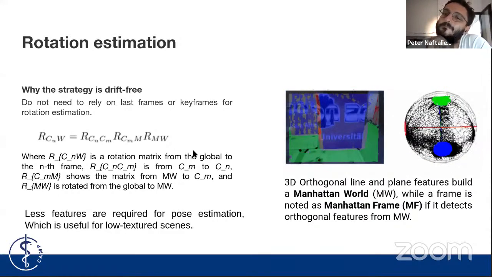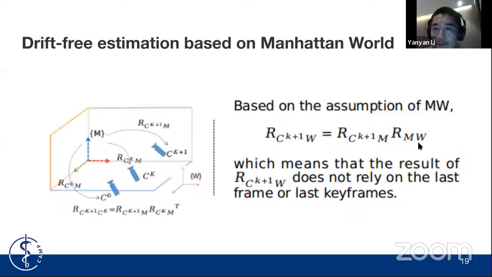We use this initial pose as a kind of initialization, but in the iteration, we use the current frame's normal vectors to obtain a new result.